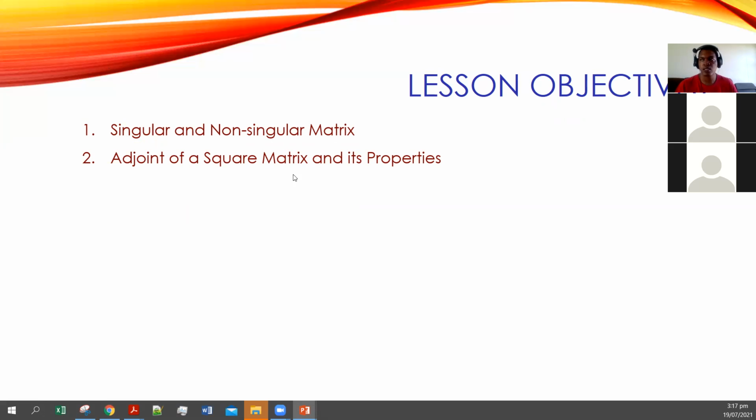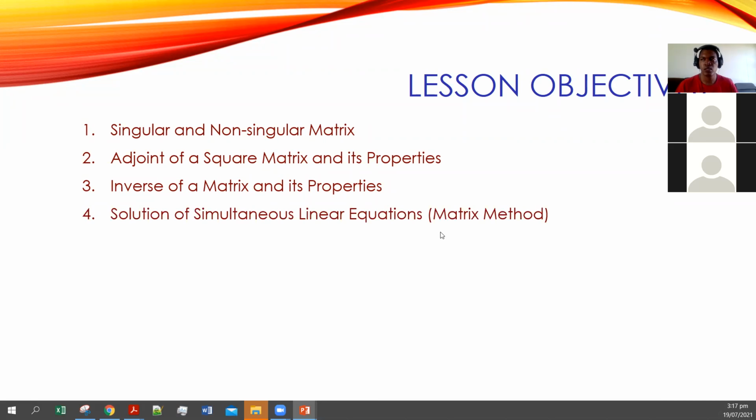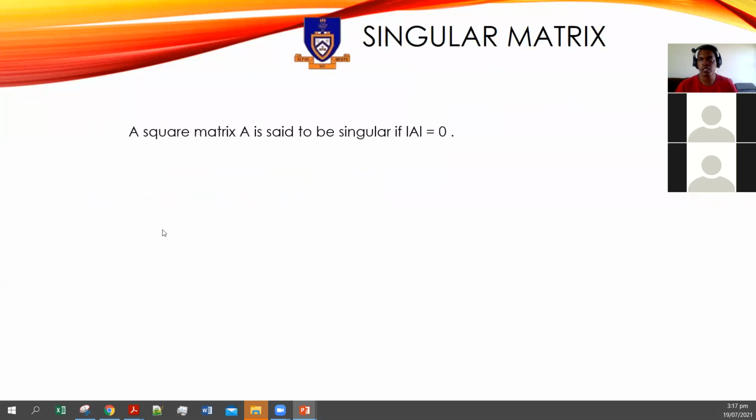Next: adjoint of a matrix and its properties, what is a matrix adjoint? Then the inverse of a matrix and its properties, solutions for simultaneous linear equations using matrix methods, and then an exercise. These are the next things we want to do before Friday's test.